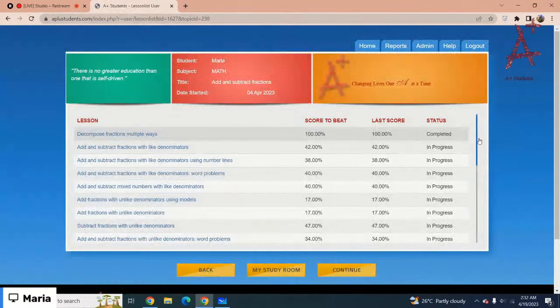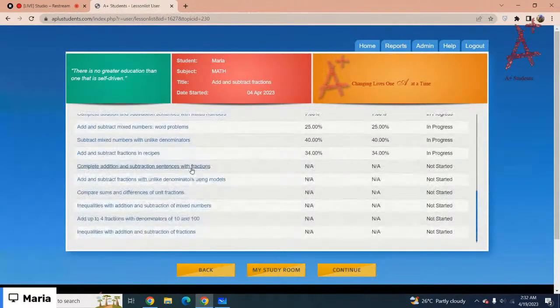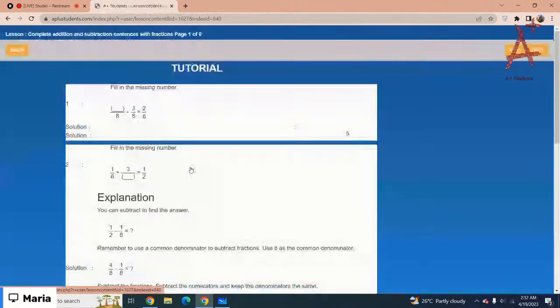Okay, the next lesson is complete addition and subtraction sentences with fractions. Got it? So here you have to find the missing number.